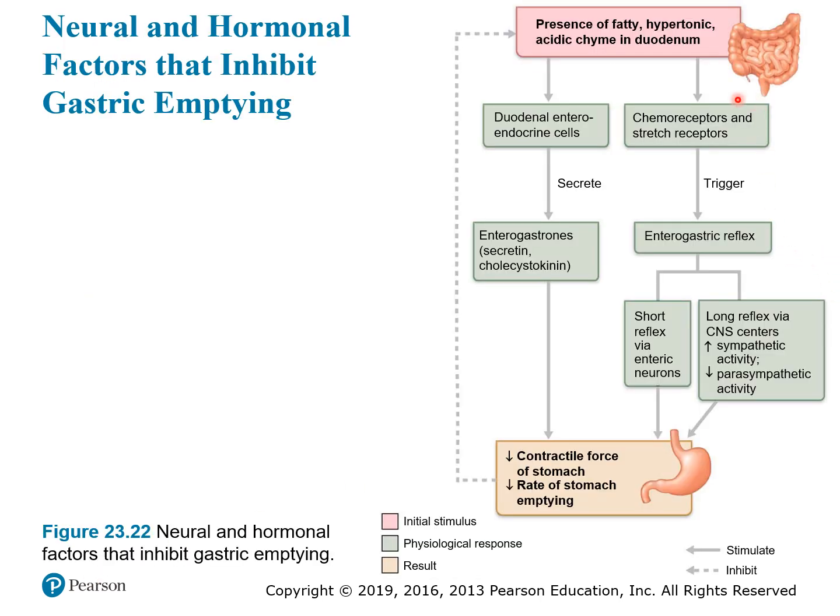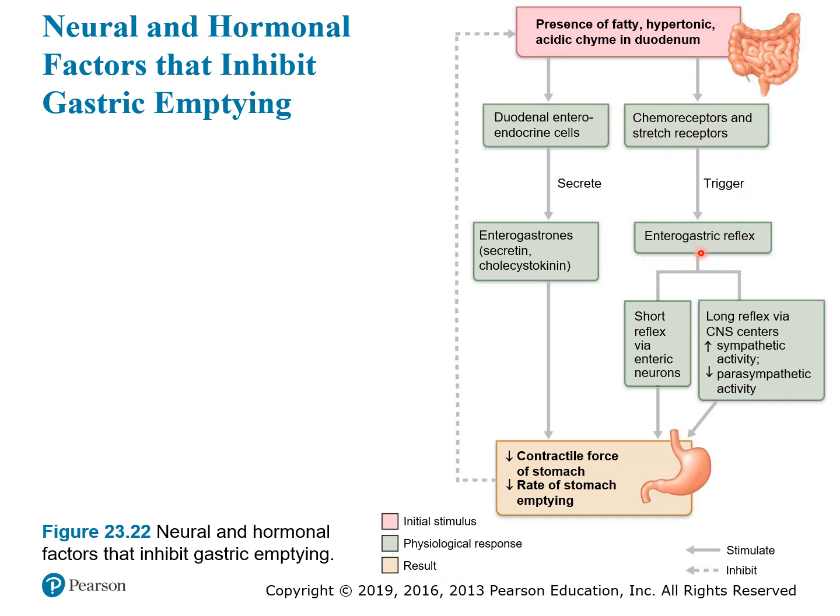So let's see how the duodenum controls the emptying of the stomach. The presence of fatty, hypertonic, acidic chyme in the duodenum causes the duodenal endocrine cells to secrete enterogastrones, which are secretin and cholecystokinin, and these decrease the contractile force of the stomach and decrease the rate of stomach emptying. The second mechanism is chemoreceptors and stretch receptors.